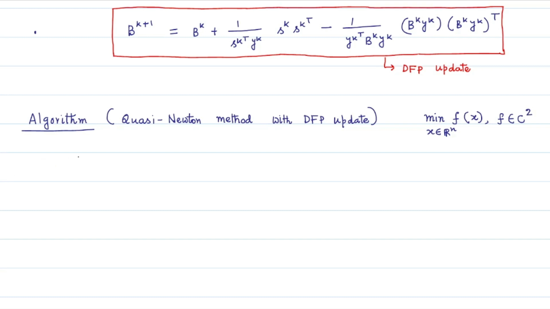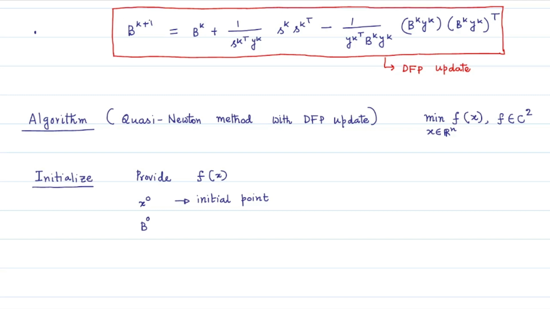In the algorithm for the quasi-Newton method with DFP update, we start by initializing the process. You provide the expression of the objective function, then give the initial iterate x_0, then give the initial matrix B_0 to start the process of this DFP update.